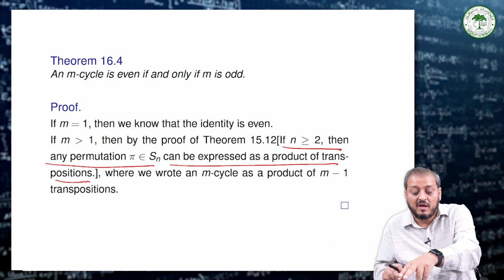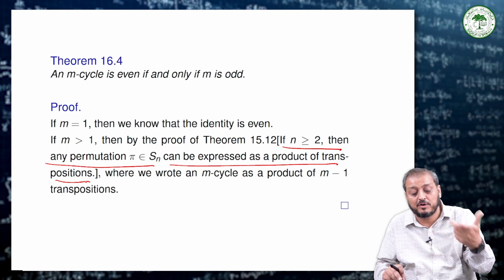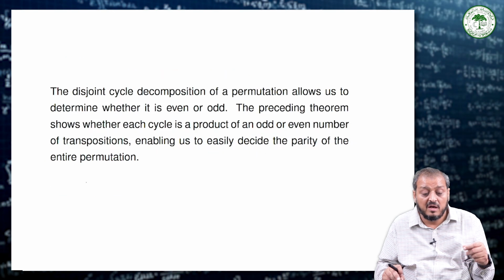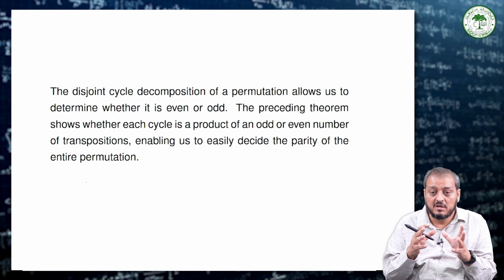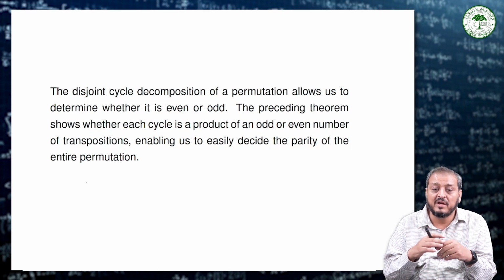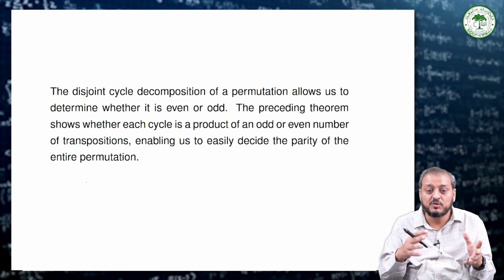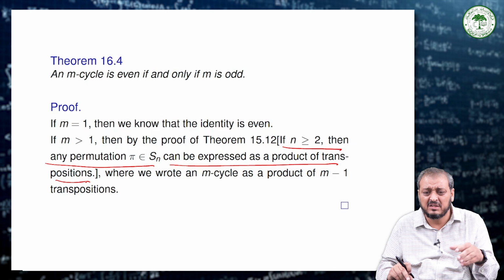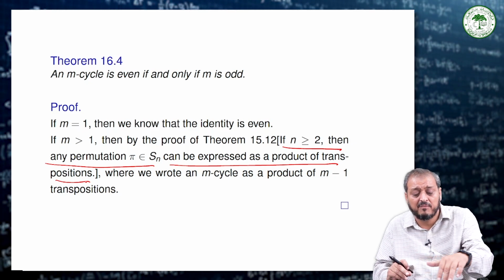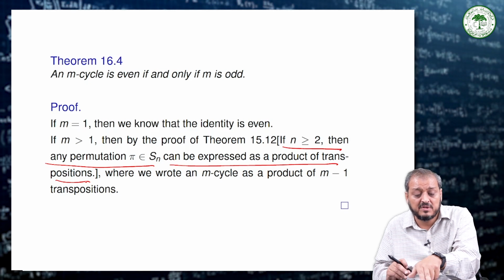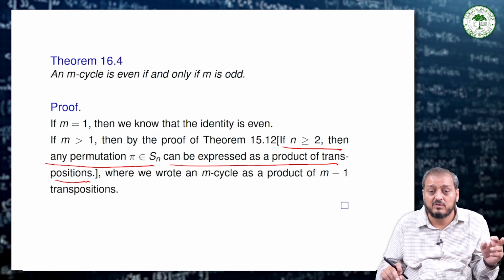This completes the proof. If m is greater than 1, then we have m minus 1 transpositions. So if m is odd, then m minus 1 is even.